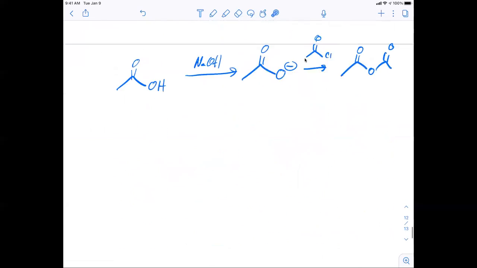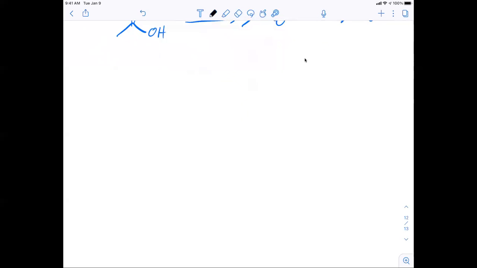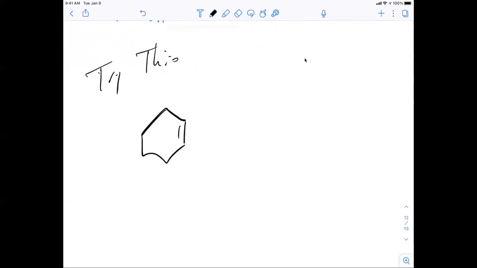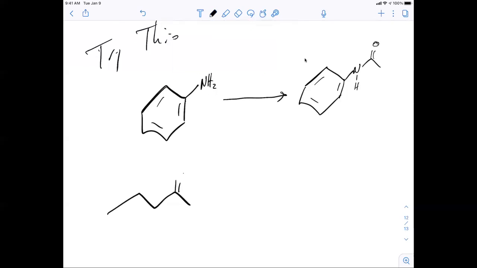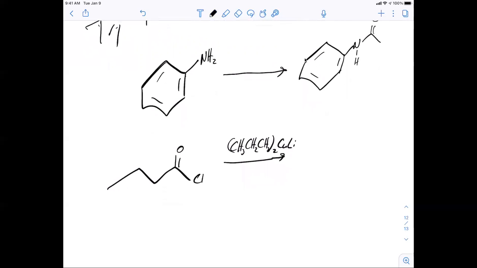Let's leave esters for next time. Let's try these 3 reactions.